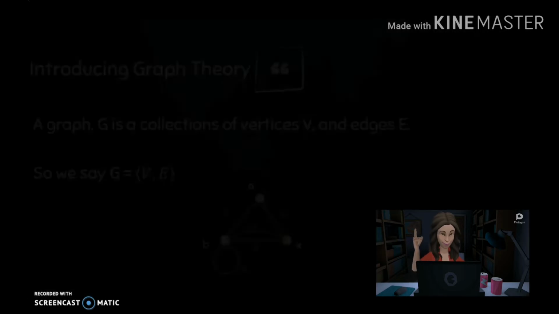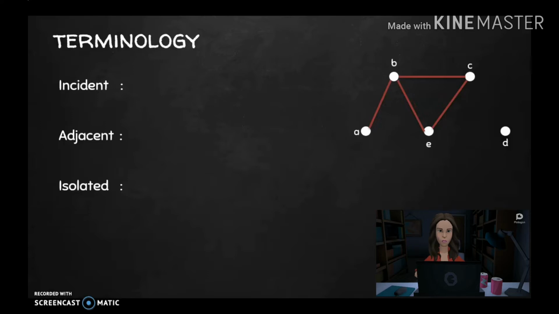Here's some more terminology for graphs. We have a nice structure A, B, C, D, E. And we have some edges between AB, BC, DE, and AC. So what does incident mean?